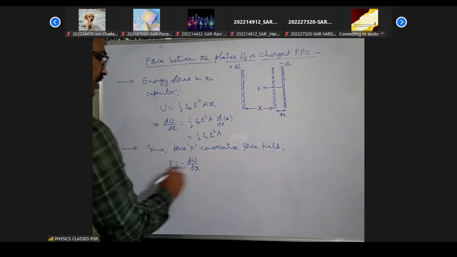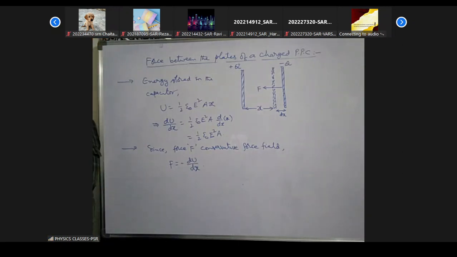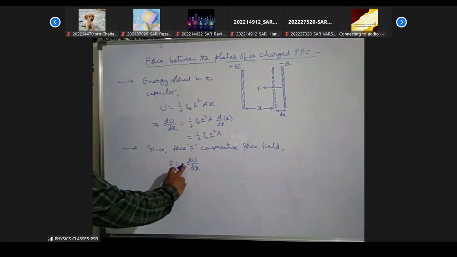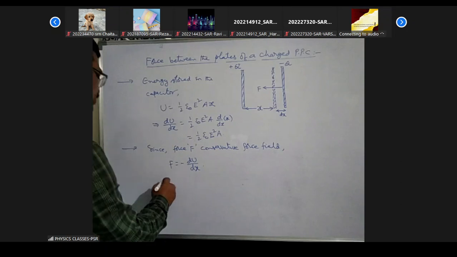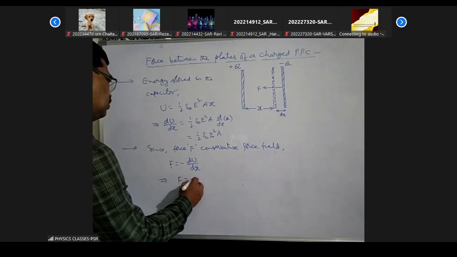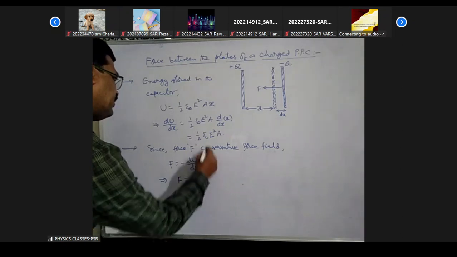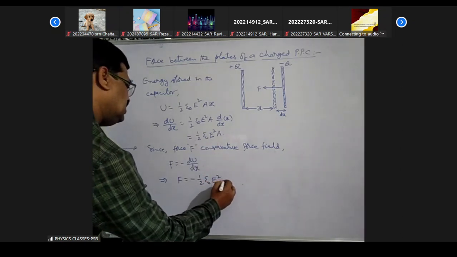This is the relation between potential energy and force; in work power energy, we use this relation. Potential energy is defined only for conservative forces, and there is no kinetic energy in such cases. The negative sign indicates that the force is attractive. This implies F is equal to minus half epsilon naught E square A.